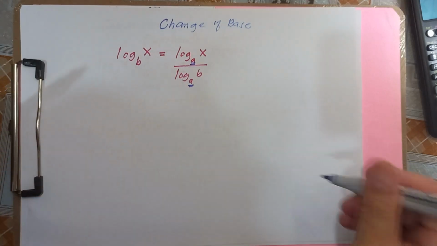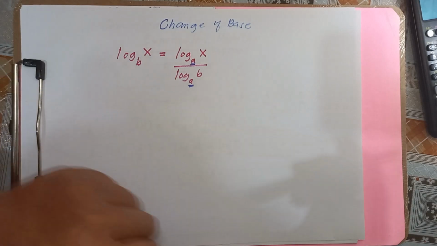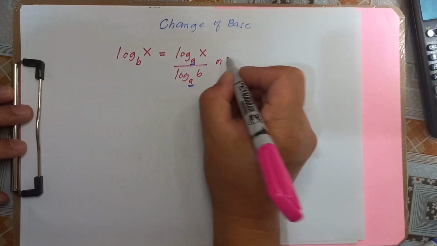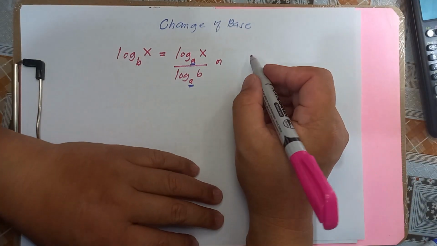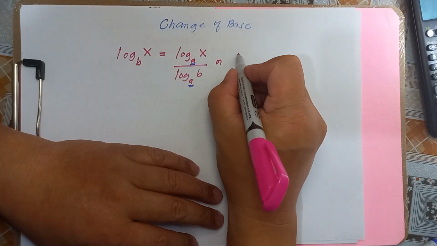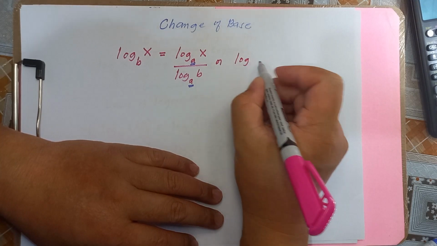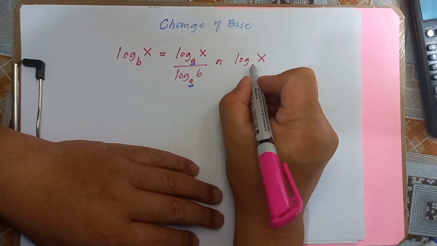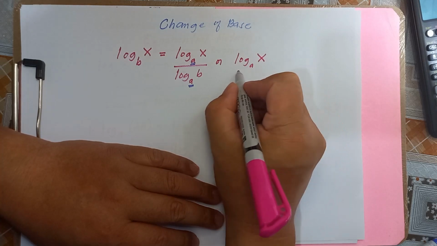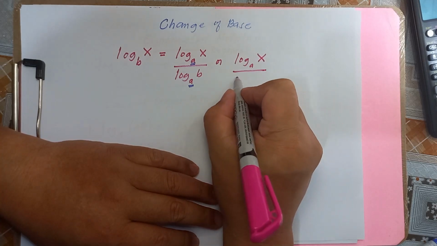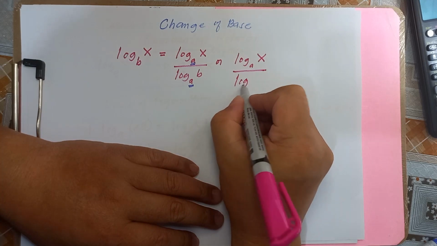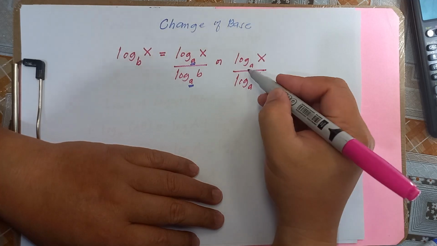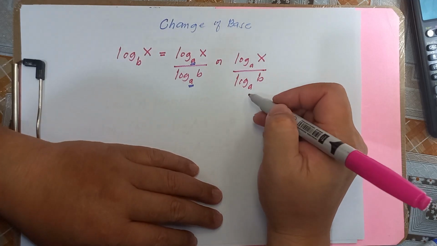In the other way of writing it, if we have log of x with the base a over log of b with the base a, notice that the logarithms have the same base.